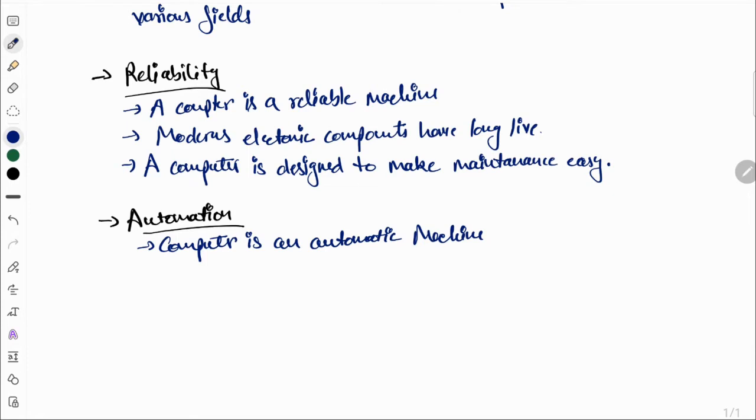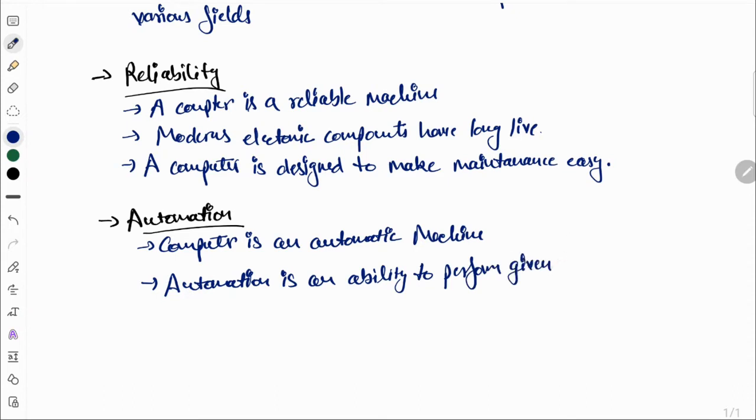Automation is the ability to perform a given task automatically.